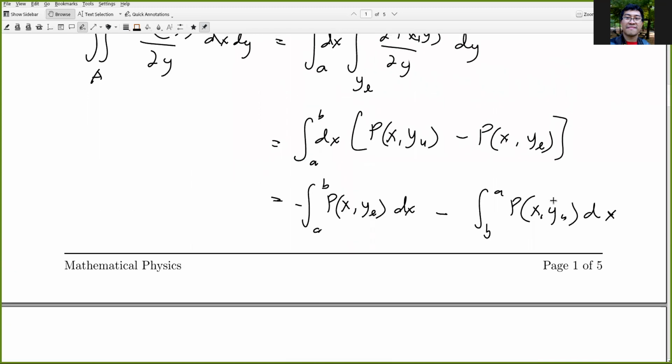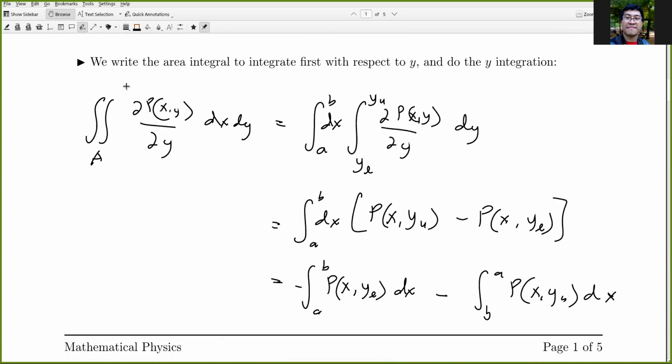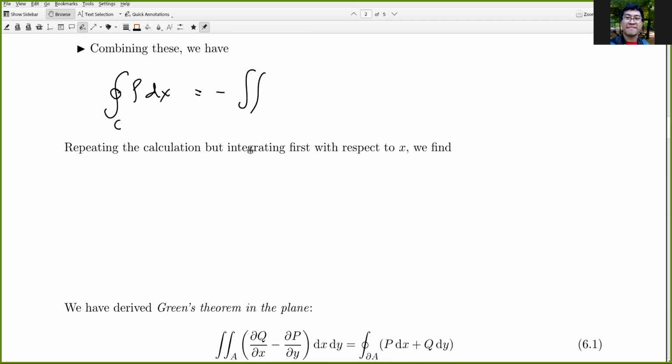So if you're adding this, we still have a negative here, and that would be equal to this. So negative partial p(x,y) with respect to y dx dy overall area. Now if we integrate first with respect to x on q, so now we'll use q.